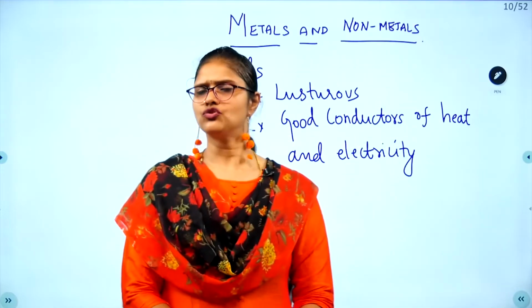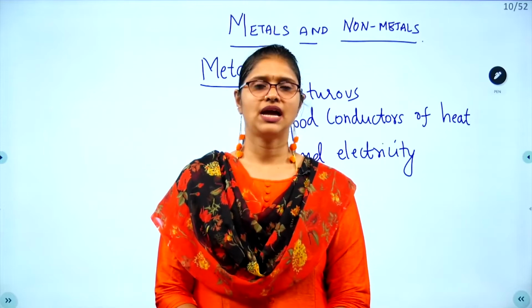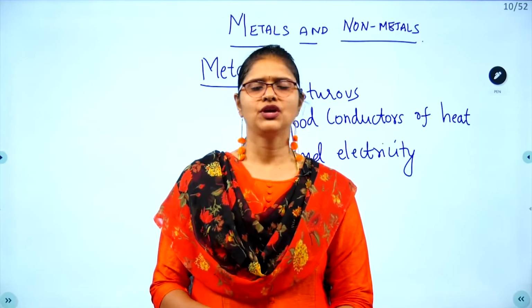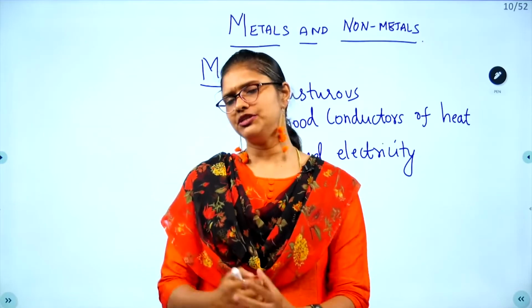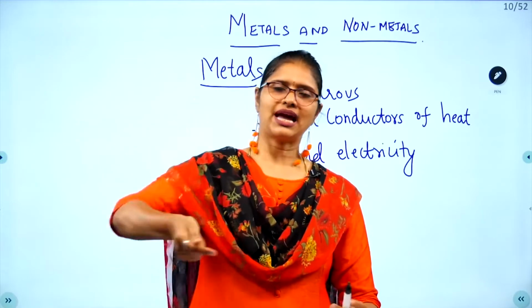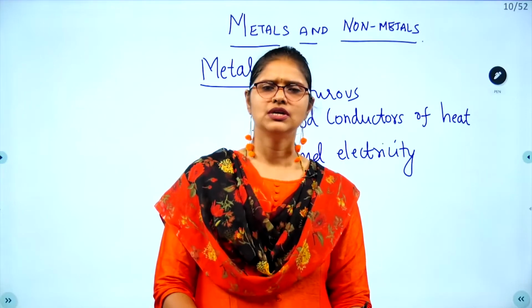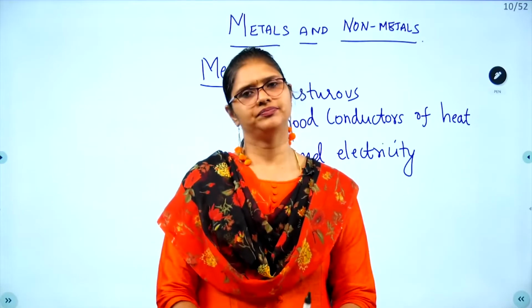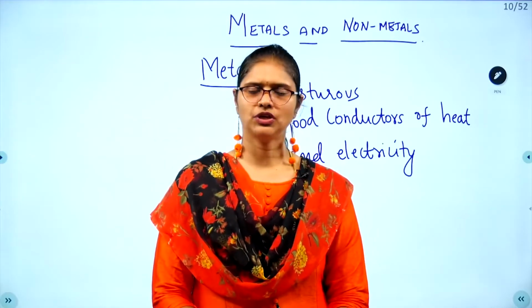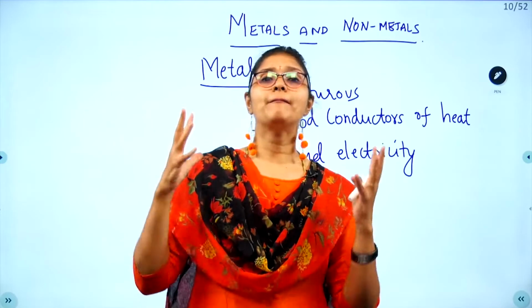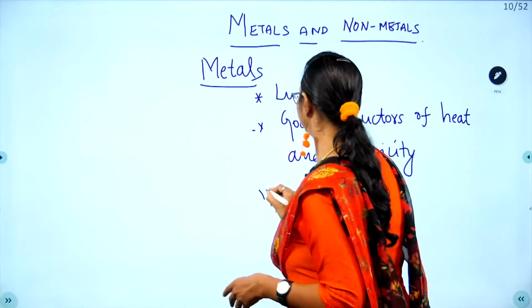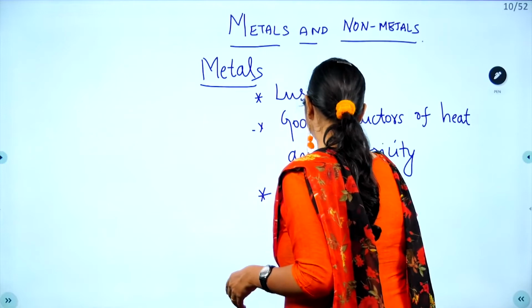Then what else you know about metal? They are malleable. If you take say aluminium metal and you take a hammer and go on hitting with the hammer, it will become a thin sheet. So that's called malleable. Okay, so metals are malleable. What is malleable?